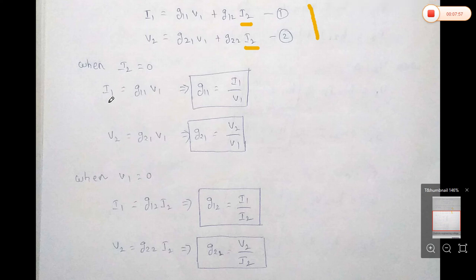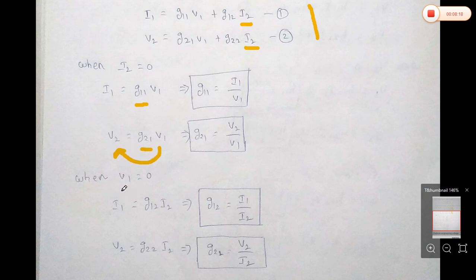So from this, g11 means I1 by V1, and g21 means V2 by V1. We simply transfer V1 to the left hand side.